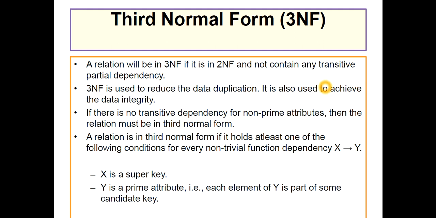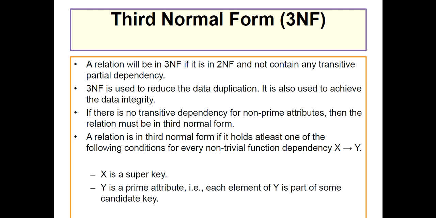Transitive dependency means, a little fact you have to know: suppose X implies Y and Y implies Z, and X implies Z is there, then this is called transitive dependency. So we'll break the relation into two tables, where this transitive dependency will no longer exist.